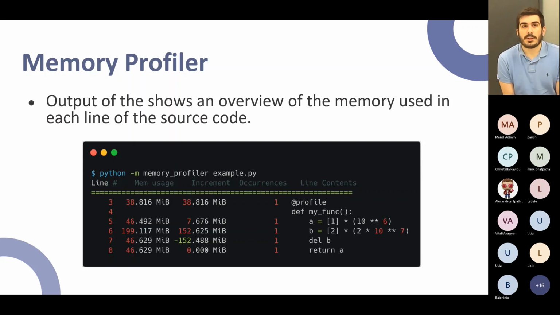The output of this tool is formatted in the way shown in the slide. It gives you a rundown of how much memory each line uses. So if you see a huge increase or decrease of memory when running specific lines, this means that it may be a potential part you may want to focus on when trying to find the best places to refactor your code.